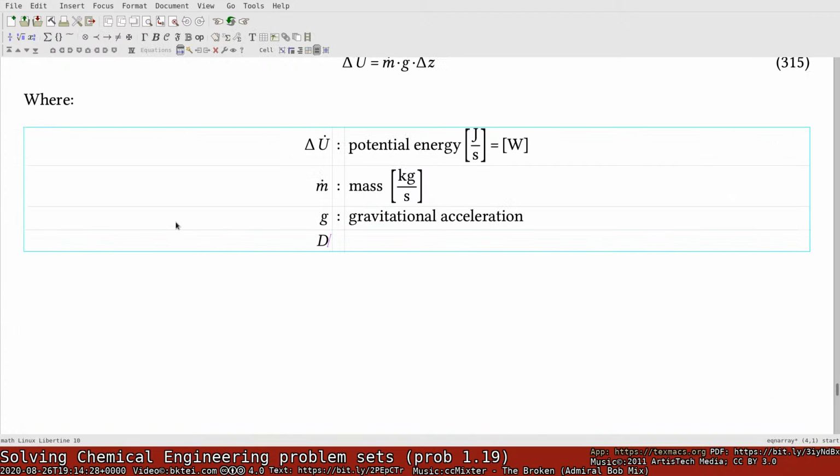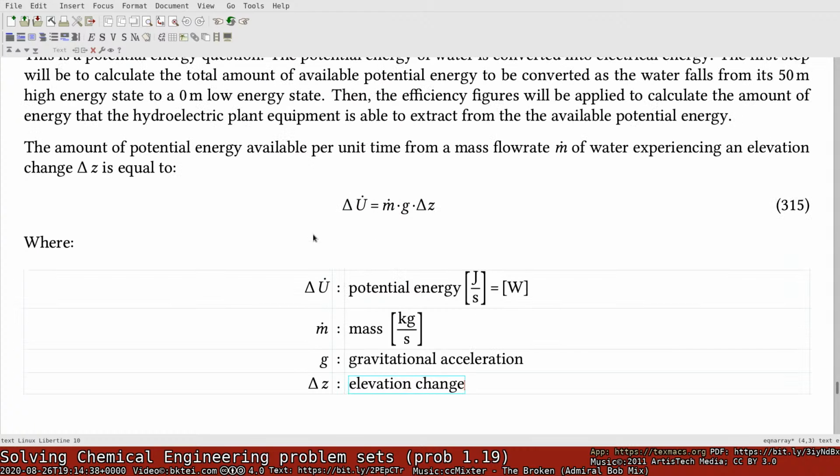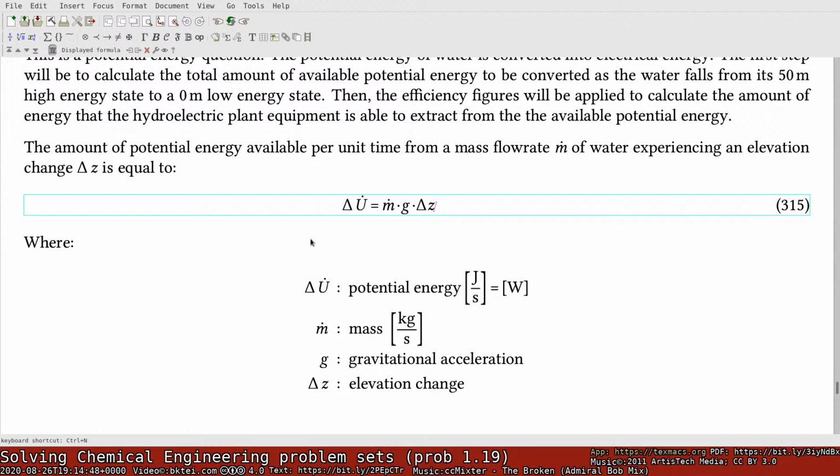And then we got the dz, which is the elevation change. And we won't worry about signs at the moment. Well, maybe we could. Well, we're not given notation yet, so we could do something like this.